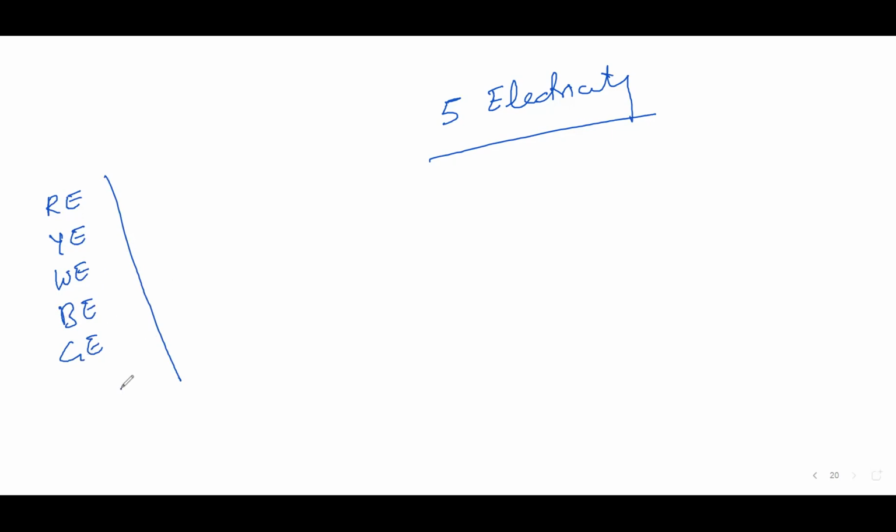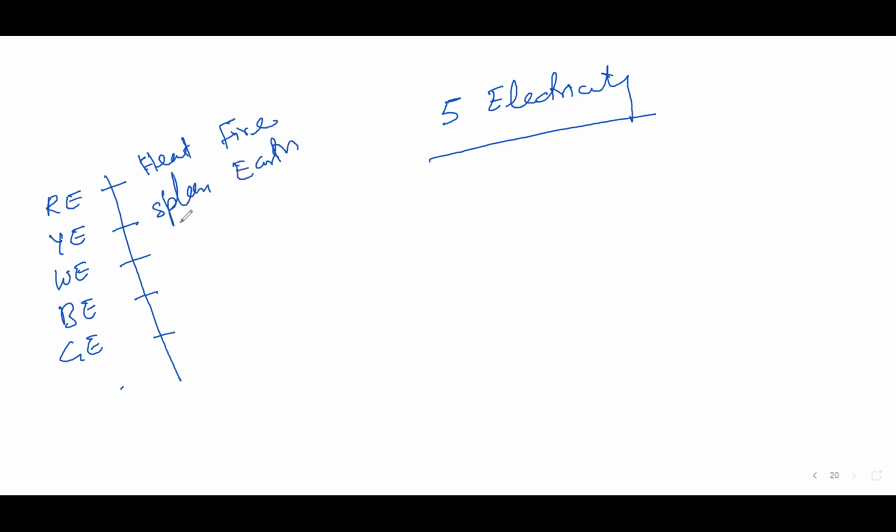As per this concept, red electricity is very useful for the heart or fire. Yellow electricity is very useful for the spleen.